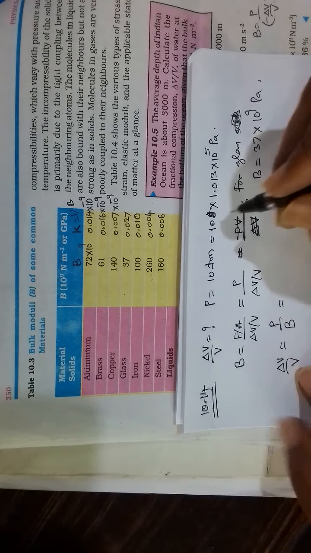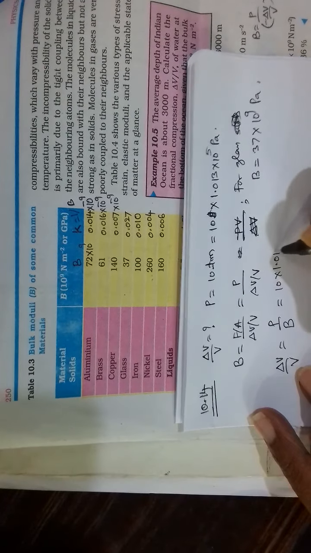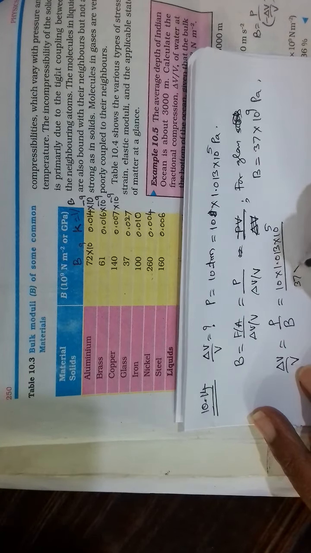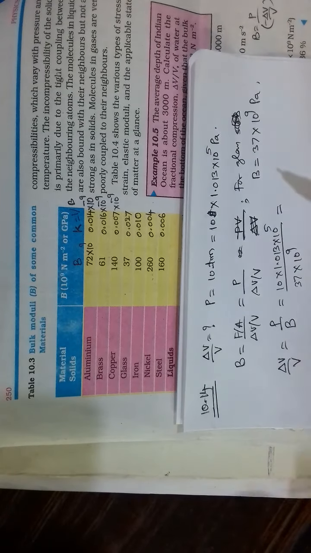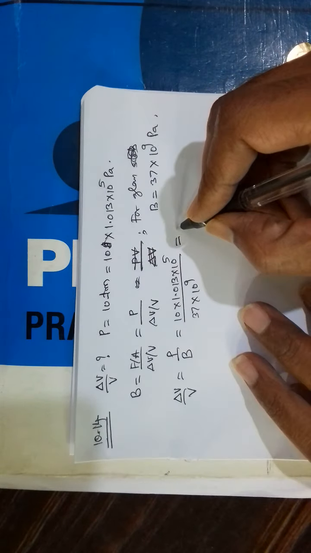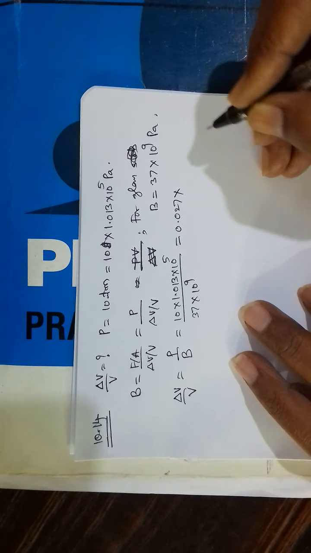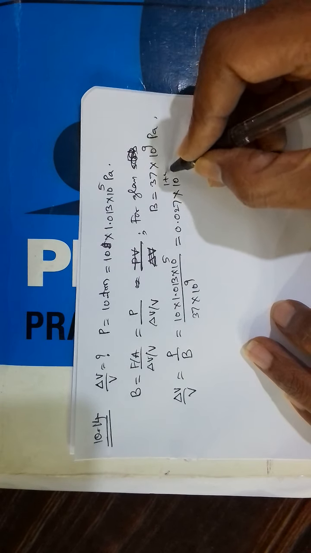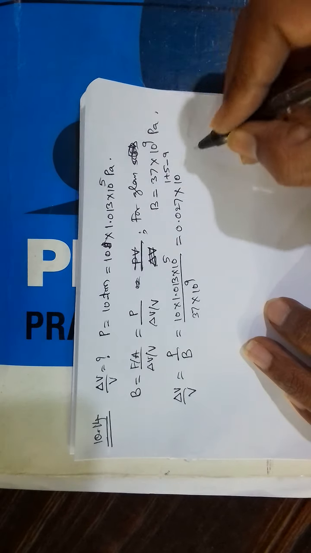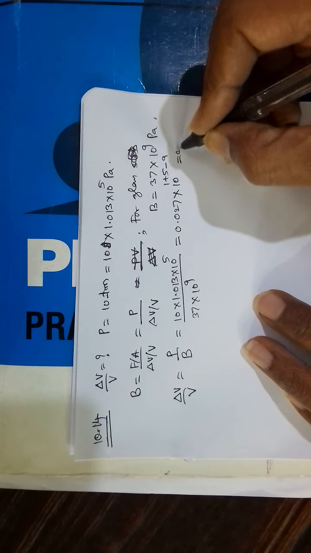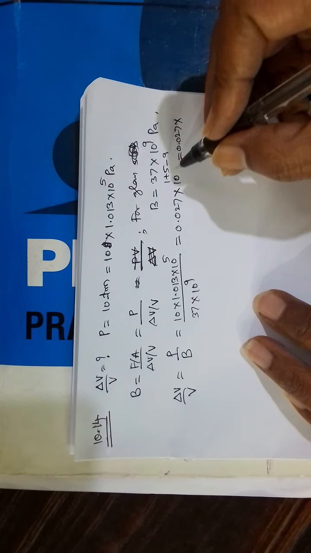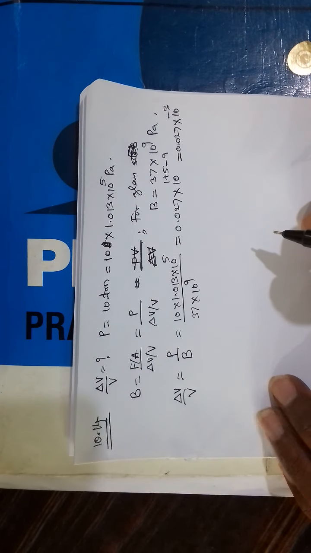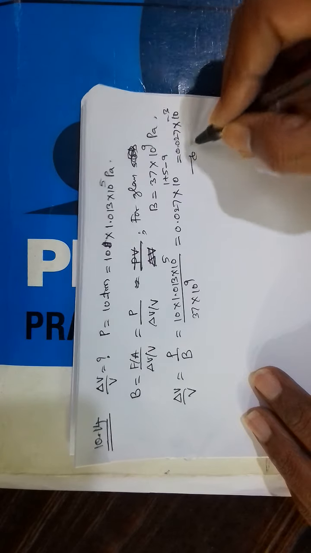So pressure is 10 into 1.013 into 10 power 5, and B value is 37 into 10 power 9. So this is the answer.